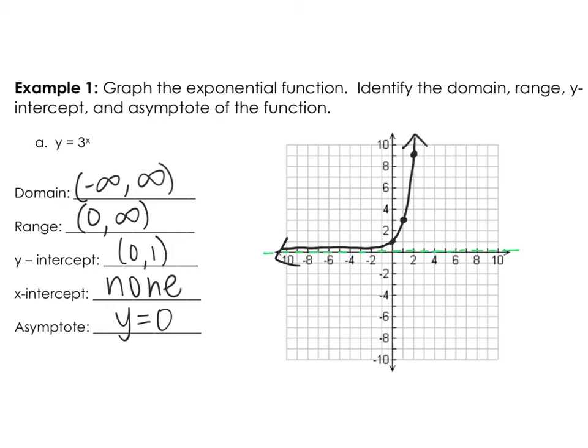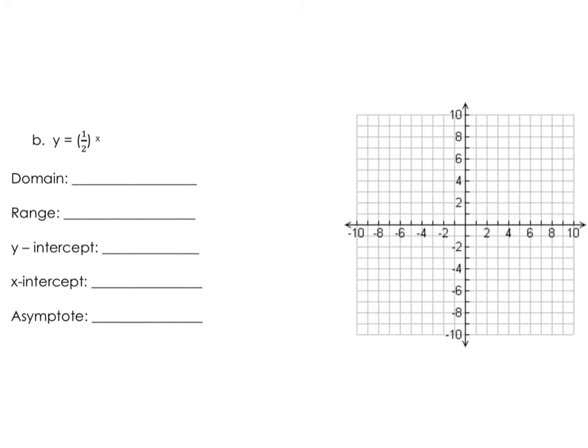Okay, let's try another example. Take this in your calculator and type in (1/2) to the x power. Make sure you put that 1/2 in parentheses. So I'm going to go to my table, and it looks like I can plot (-3, 8), (-2, 4), (-1, 2), (0, 1), and then from there it's going to fractions.